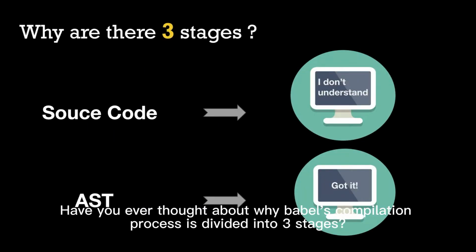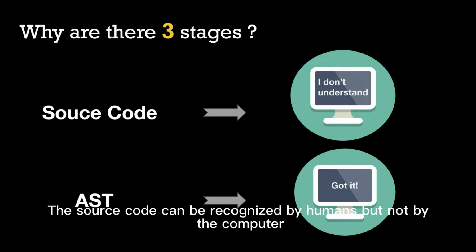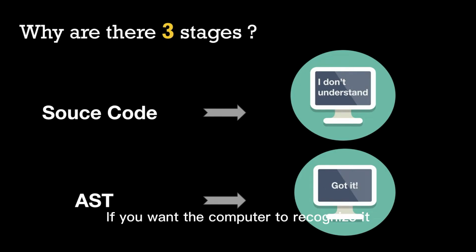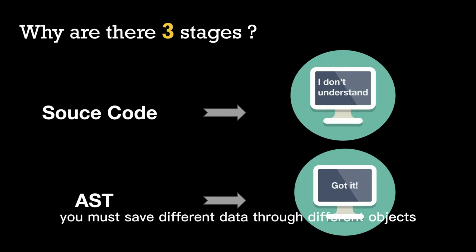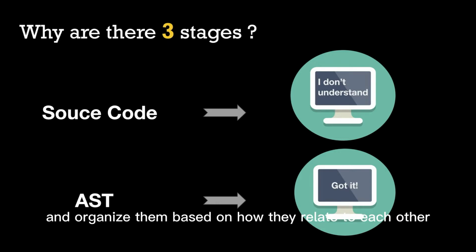So have you ever wondered why Babel's compilation process is divided into 3 stages? This source code can be recognized by humans but not the computer. If you want the computer to recognize it, you must save different data through different objects and organize them based on how they relate to each other.